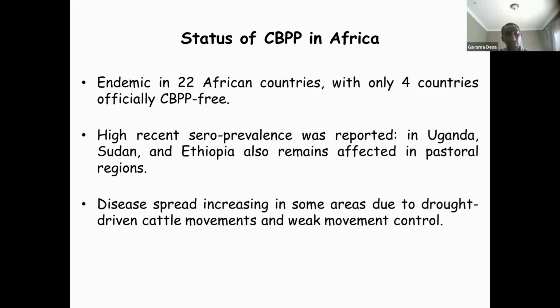Then the animals and the communities travel long distances in search of animal feed and water, which increases transmission of the disease. As we all know, there is weak movement control from place to place, from country to country, even from district to district. So these two important components increase disease transmission.